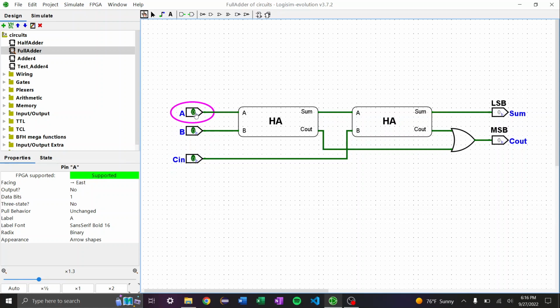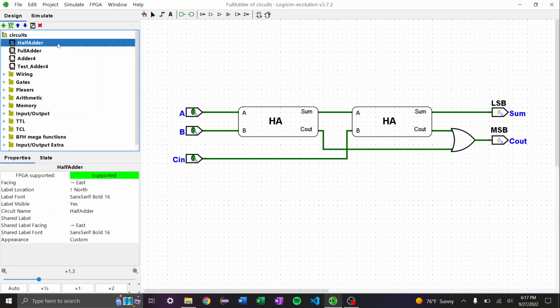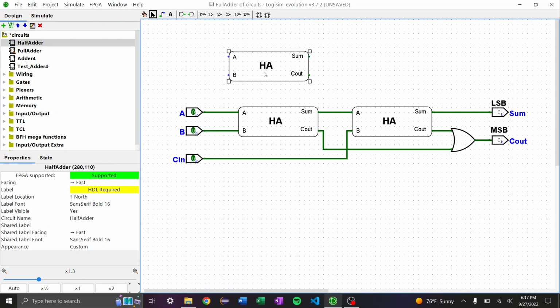Very handy. Now, you might be curious as to why there aren't so many gates on the screen. And that's because Logisim allows us to use subcircuits in a hierarchical design. Oh man, I'm going to butcher that. Hopefully you understand what I just tried to say, but essentially, the half adder circuit I showed you previously, I'm able to drag it on and reuse the circuitry from earlier.